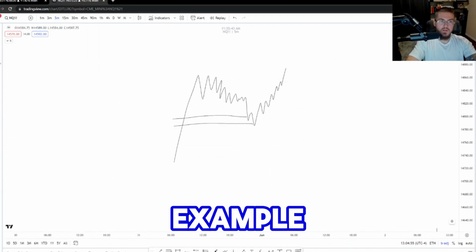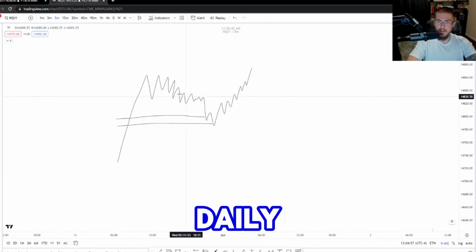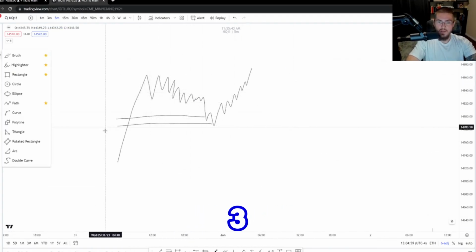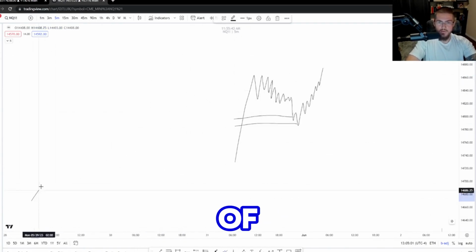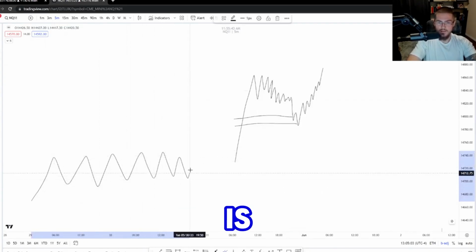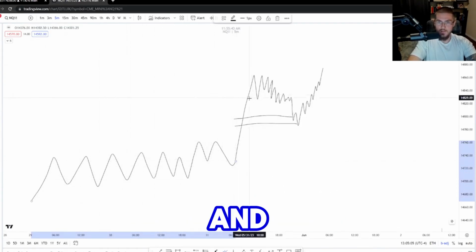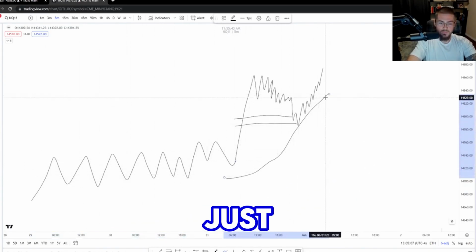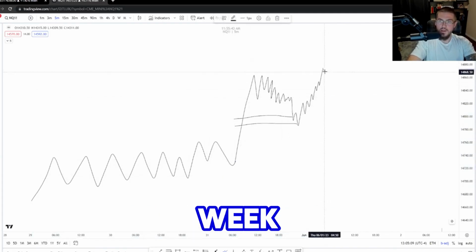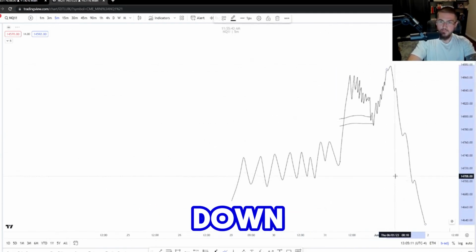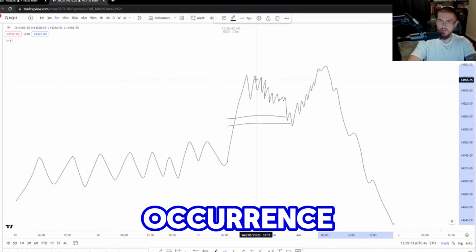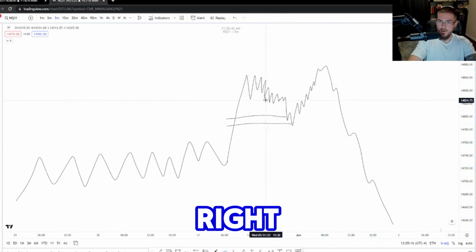So let's say this is what you're looking at as the daily and you see this bullish power of three. Maybe that is just part of an overall weekly profile that has accumulated, and then this big push up is all just manipulation on the overall week, and then the market is going to shift down, and it's the same occurrence you're seeing here, accumulation in this area.